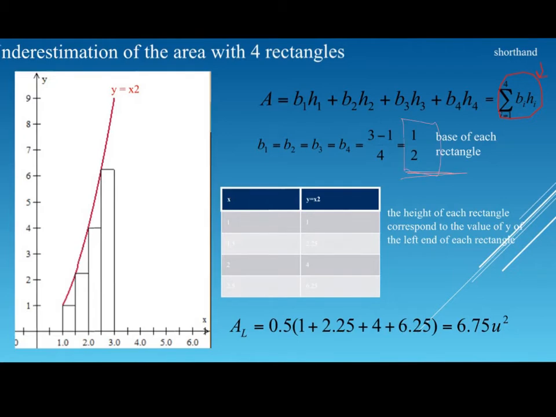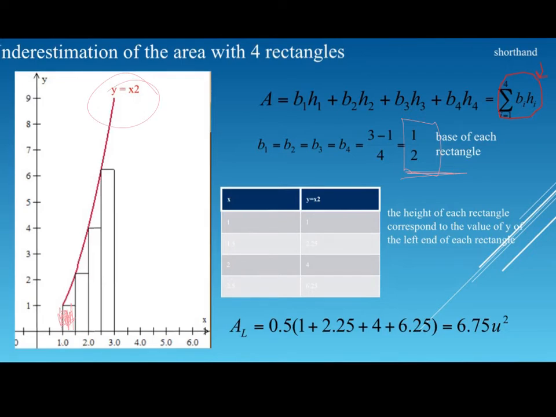Okay, so we have 1/2 as the base of each rectangle, and then the height of each rectangle is the corresponding value of y if we substitute x. This is an underestimation of the area because the rectangles are under the function. So in order to know the height, we substitute 1 in the function x squared, and 1 squared is equal to 1.